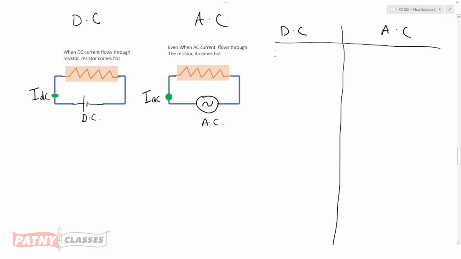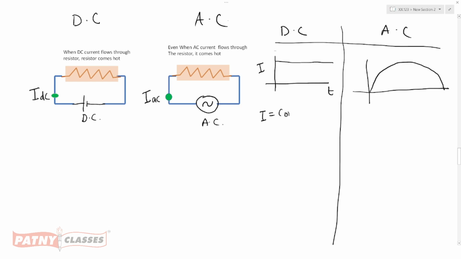For DC, the graph is like this, parallel to the time axis, and here is a current. But for AC, let us draw the graph for half wave. For DC, the value of the current remains constant, I equals a constant.